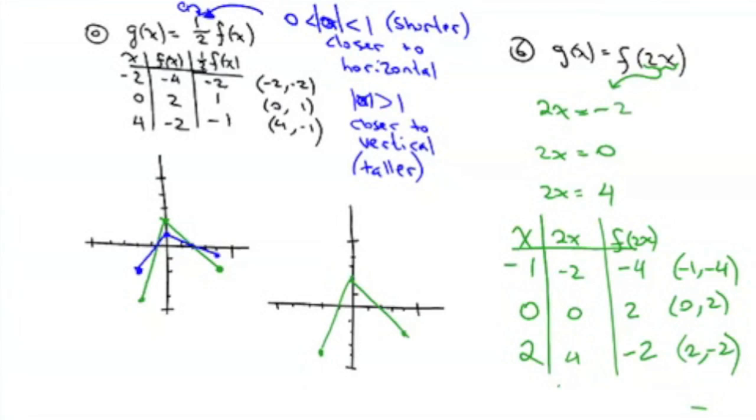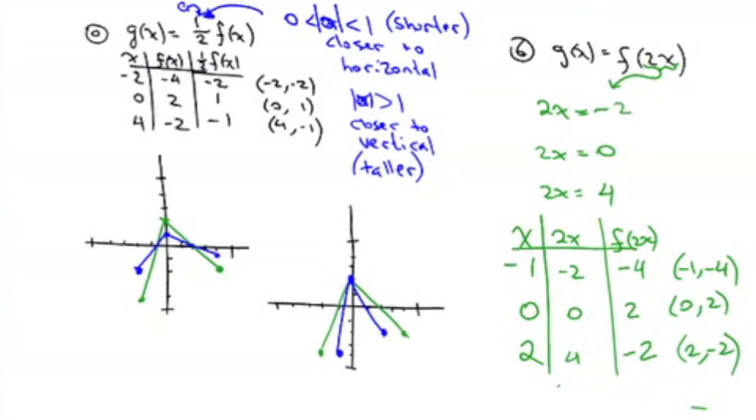Draw the translated one, or transformed one. -1, -4, right? 0, 2, 2, get there, and 2, -2 here. This one took the graph and squished it. It still has the same height. It still goes up to +2 and down to -4, but the domain got squished.